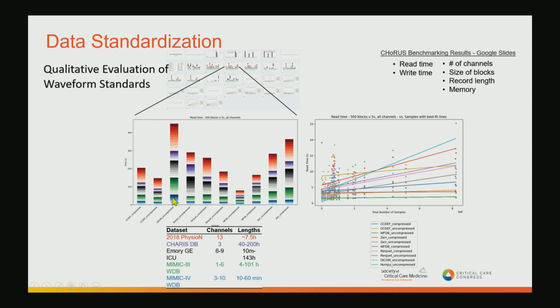Each of these is represented here by a color, and then we're reading the data looking at 5-second blocks, 500 blocks in all the different channels, so blood pressure, heart rate, some of these have EEG and so forth. And we're trying to see what the speed is to actually read that data. And you can see, this is in seconds here, this one here is 450 seconds to read that data, and this one here is 50 seconds, so it's a 9x difference.